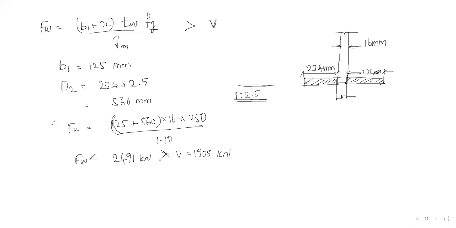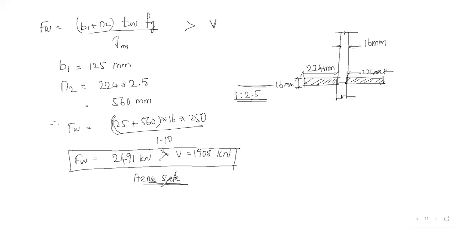So if I'm going to provide the end bearing stiffener of size 224 mm by 16 mm thickness, then it can take care of the shear at the end of the support, hence safe. Okay. Next, check for buckling. So shear it can transfer, whether it can buckle or not, that we are going to check right now. That is our next step.